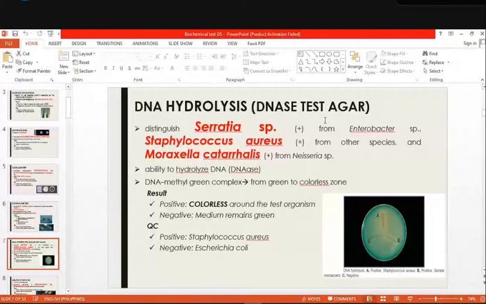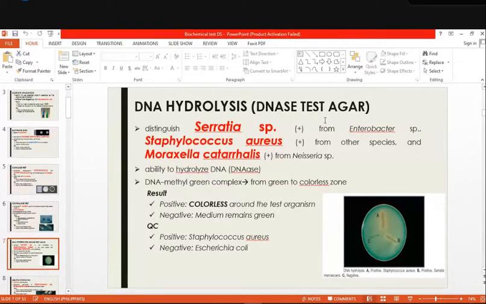The deoxyribonuclease enzyme, or our DNase, is produced by bacteria. These are extracellular endonucleases that break down our DNA, yielding a high concentration of oligonucleotides.